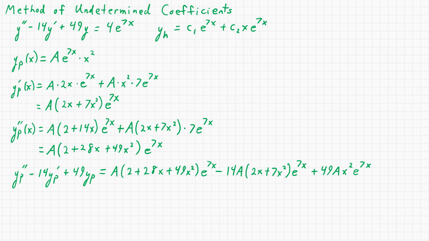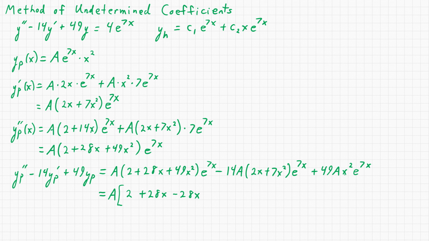All right, now let's try and group by x's and x squareds. Everything has an a in it, so I'm going to have an a, a square bracket, and there's going to be a square bracket way over here times e to the 7x. Let's start with the constant. That one looks the easiest. There's just a 2 right here, and there aren't constants anywhere else, so 2. And then I've got plus 28x. Then I have minus 14 times 2x, that's actually minus 28x.